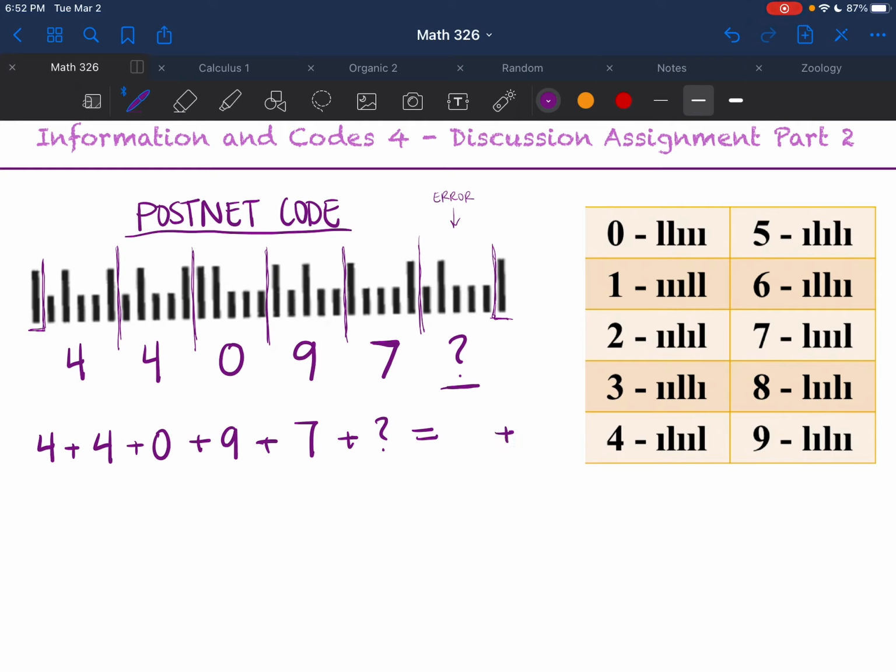We can solve for the sum of all of the digits that we do have. And if we add those up, 4, 4, 0, 9, and 7, we are going to get a total of 24 plus our remaining missing check digit. So in order for this zip code to be valid, we need 24 plus the question mark to equal a number that ends in 0.